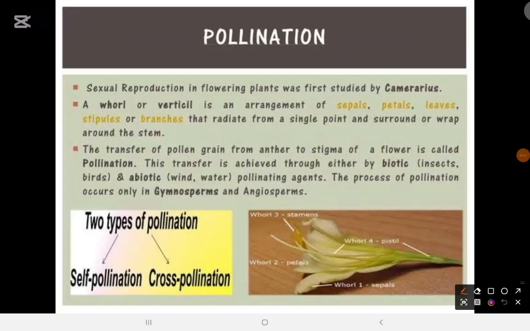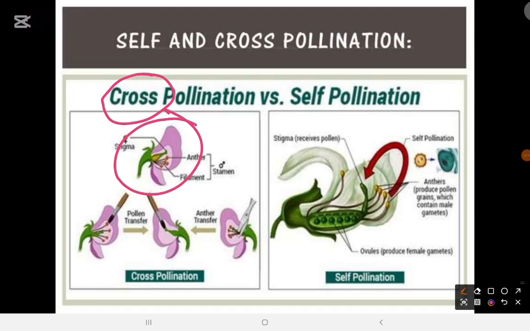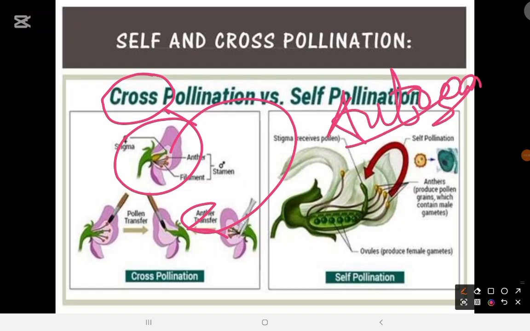Two types of pollination: we have cross pollination and self pollination. Cross pollination is the transfer of pollen grain from the anther of one flower to the stigma of another flower. While if a plant pollinates itself, we call it autogamy. That is self pollination: it transfers pollen grain from its own anther to its own stigma.